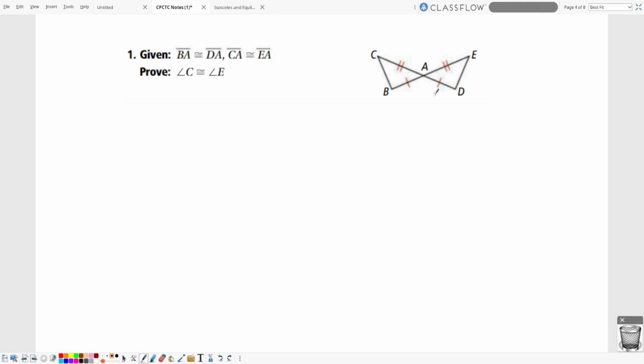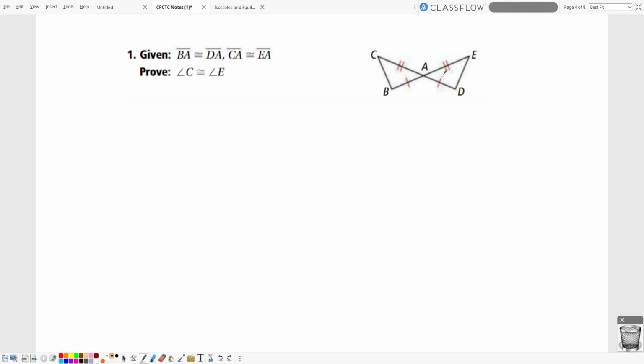So here's another one. I'm not going to fill out a full proof for this one, just to save us a little bit of time. But the idea is that I yet again have 2 triangles, and I want to try and prove that these are congruent to each other. If I can prove they're congruent, then I can match these 2 angles up with each other as long as they are corresponding.